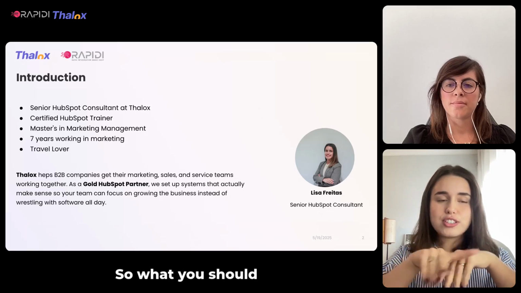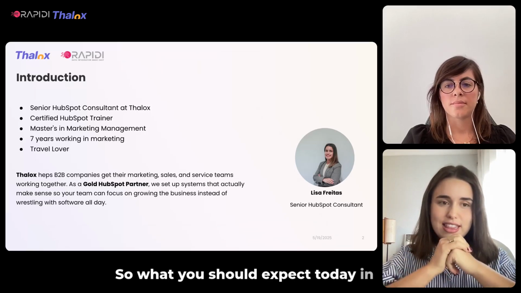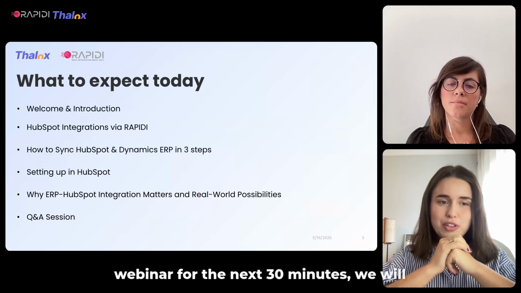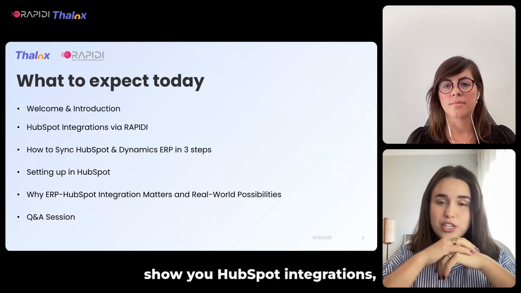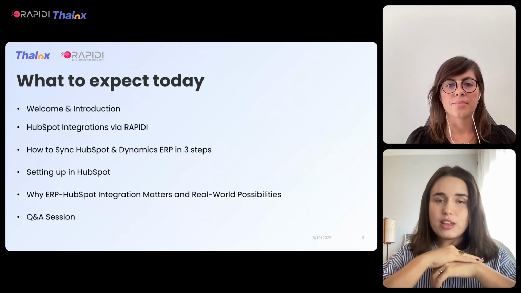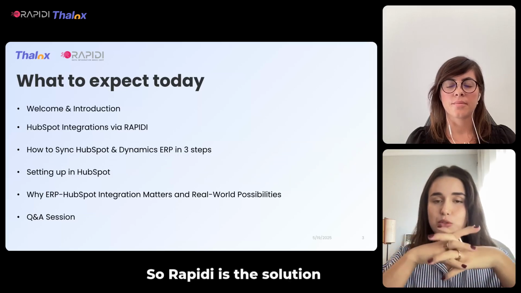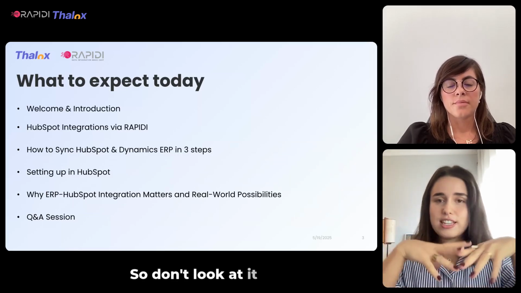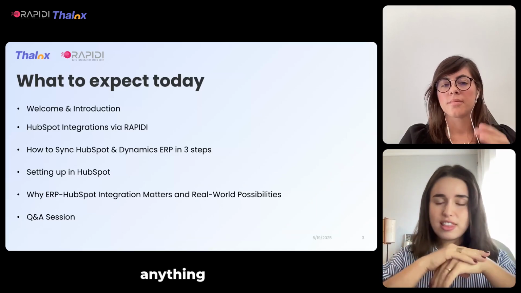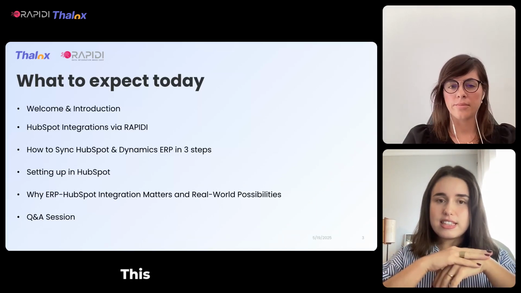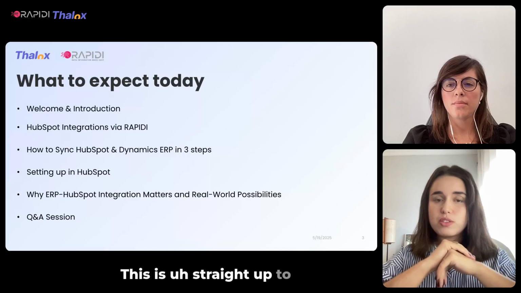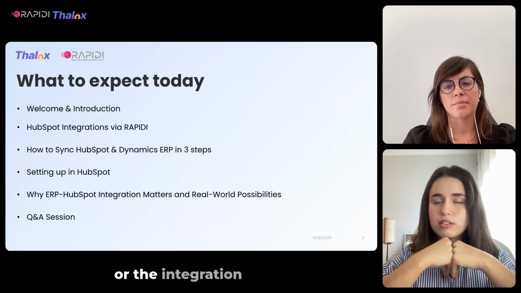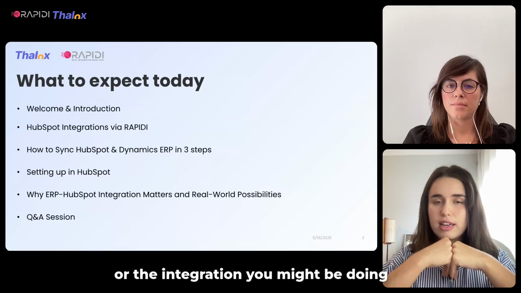What you should expect today in this webinar for the next 30 minutes: we will show you HubSpot integrations with Rapidi. Rapidi is the solution we are presenting today. So don't look at it as a sales pitch or anything like that. This is straight up to show you how you can optimize your current integration or the integration you might be doing in the future.